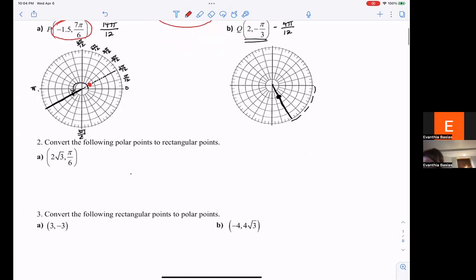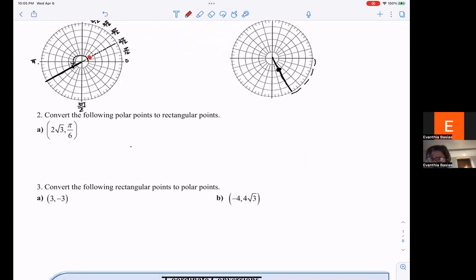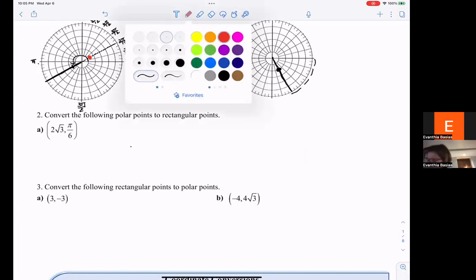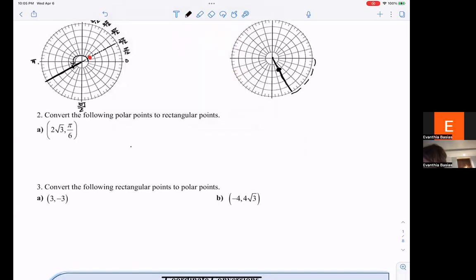All right, now to convert polar coordinates into rectangular coordinates, we need a brief lesson of how they came about. So if we go back to the unit circle on the coordinate plane and how we define sine and cosine, we have the circle on the coordinate plane. It's really the unit circle.